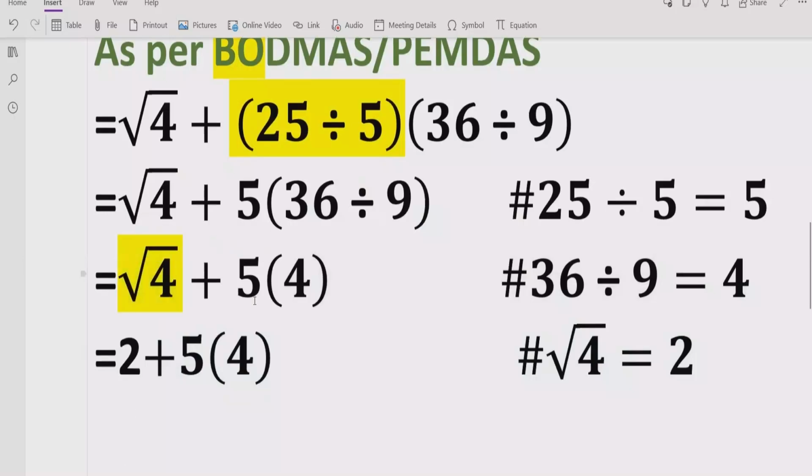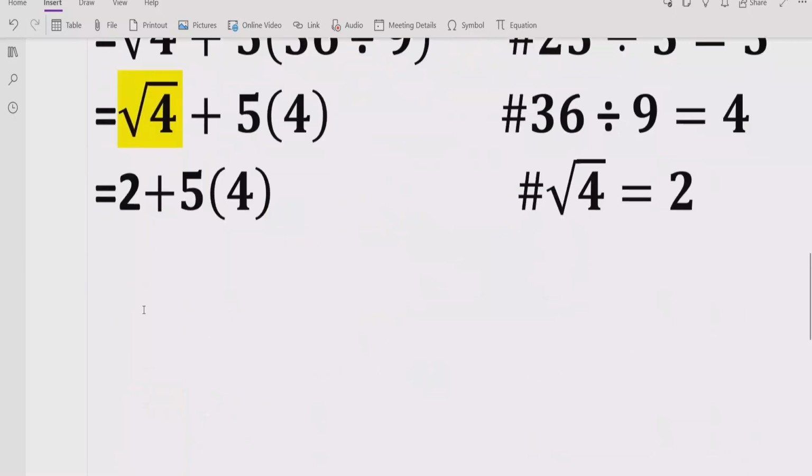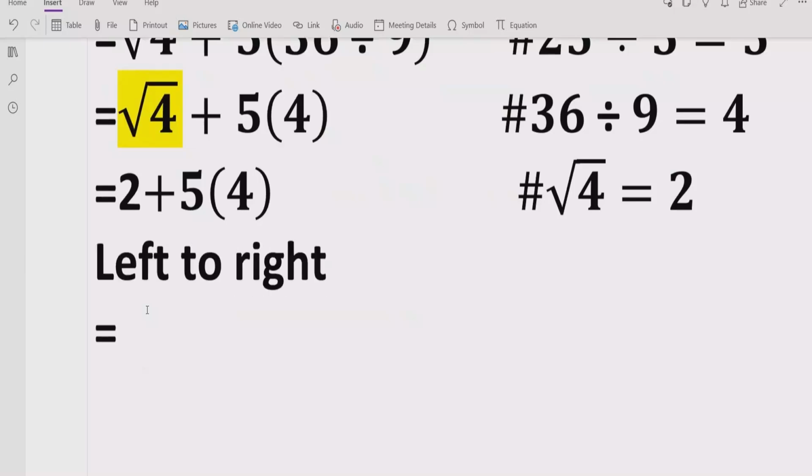So now we have to solve division and multiplication. What we will do is go left to right in our expression and find out the multiplication or division. So here we have 5 multiplied by 4, which are multiplying each other using implied multiplication.